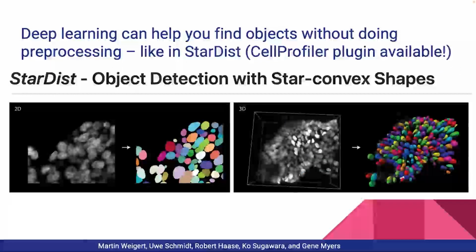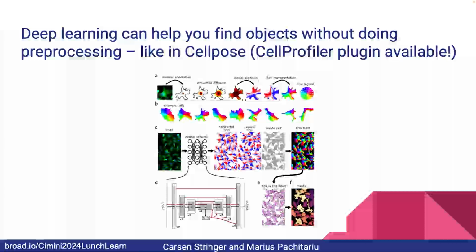And there's already, in the last few years, been a tremendous number of really good tools that have come out for doing this. One of them is Stardust, which there's a 2D version and a 3D version. Those of you who work on neurons, I apologize, this isn't good for you because the objects have to be not too weirdly shaped. But the rest of you, Stardust is a great option. CellPose is actually my very favorite software that isn't a software that we make.